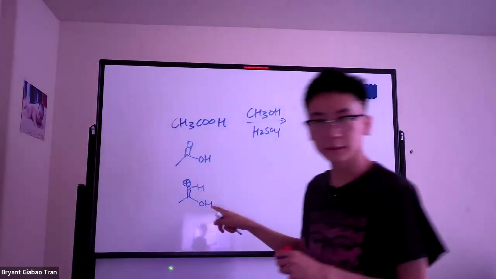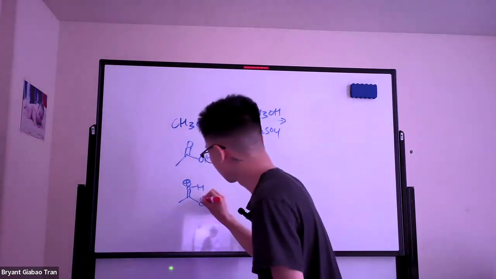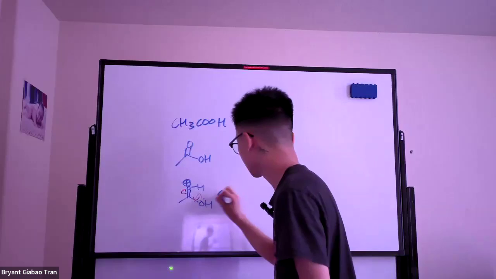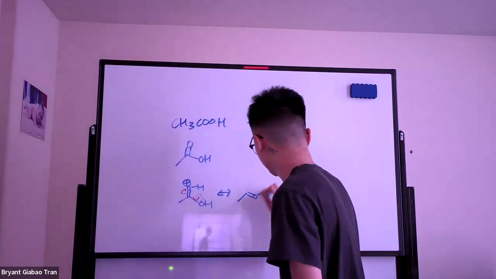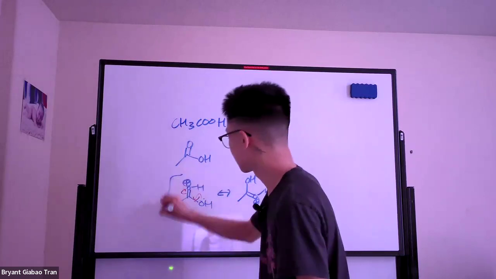We notice that this conjugate acid can do resonance like that by making a double bond there and popping that double bond onto that oxygen to create this resonance set right here.